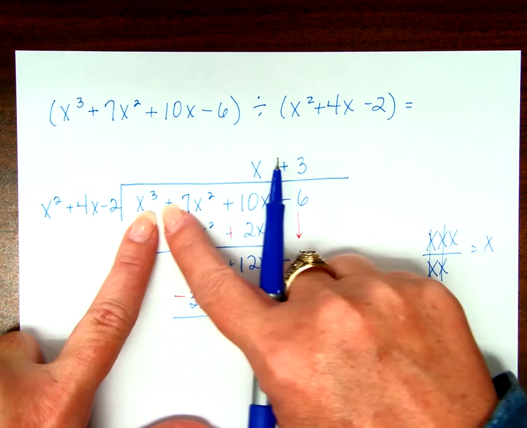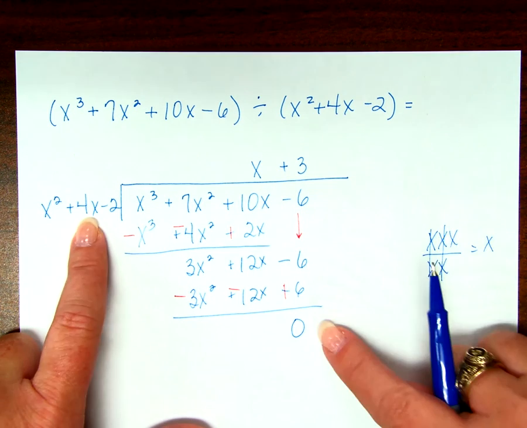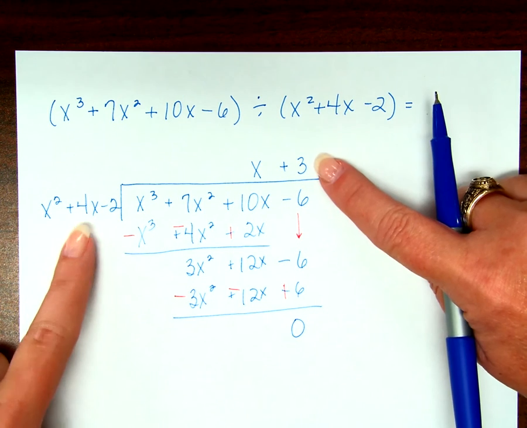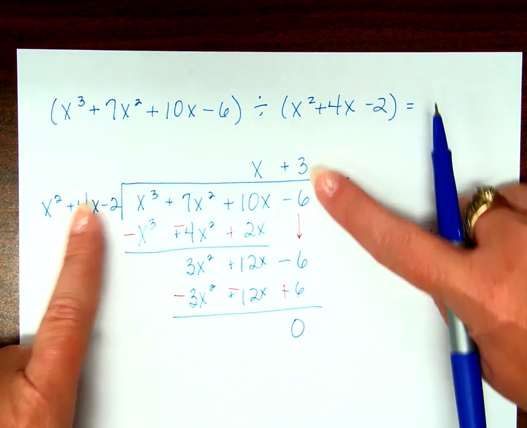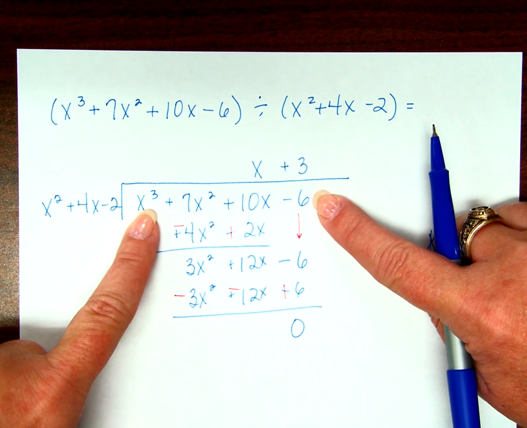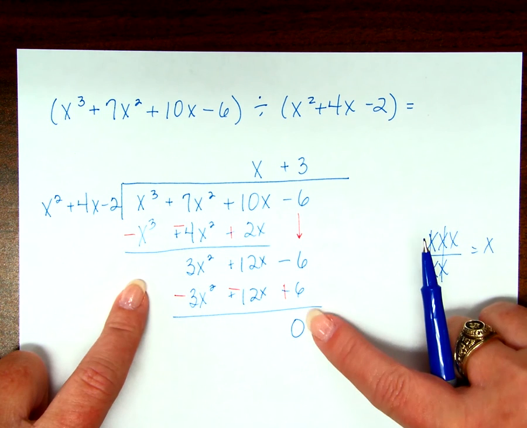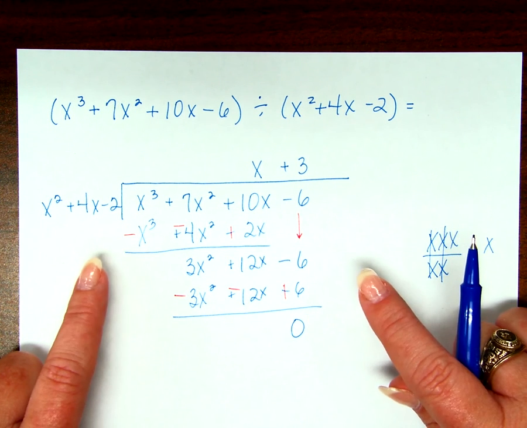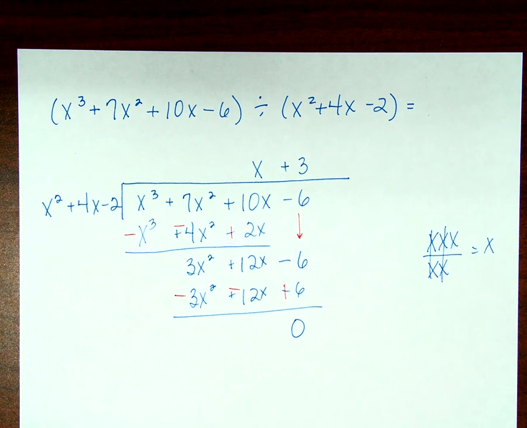Okay? Both of these two polynomials are factors of the original polynomial. That's only true when the remainder is 0. You got it? Any questions about this problem?